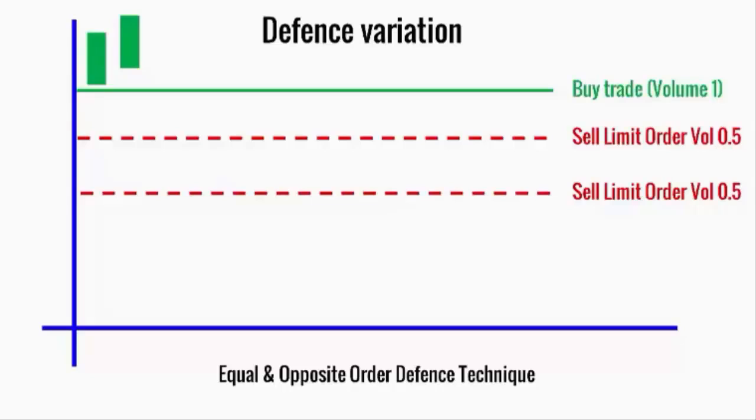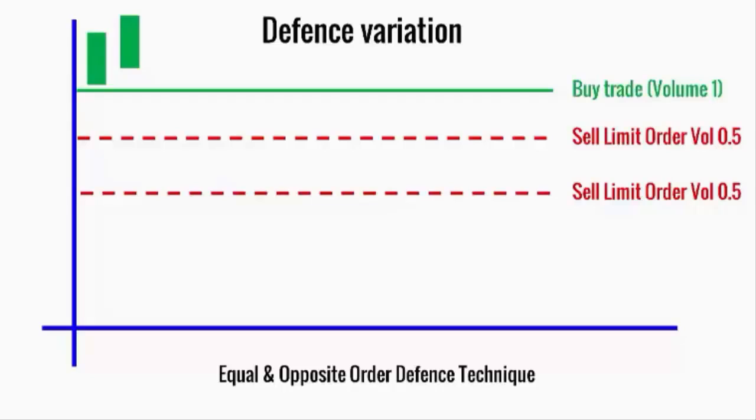One way of doing this is to split the defensive trade limit orders. So in this buy trade example, you can see that I'm defending a volume 1 buy trade, but I've decided to split the defense into two levels, two equal levels that add back to volume 1. The advantage of this could be that the first defensive order might be triggered and the second defensive order might not be triggered.